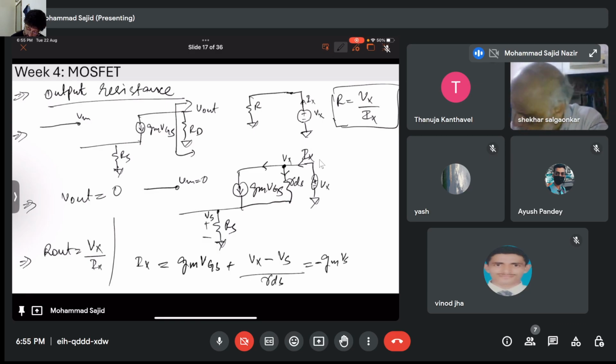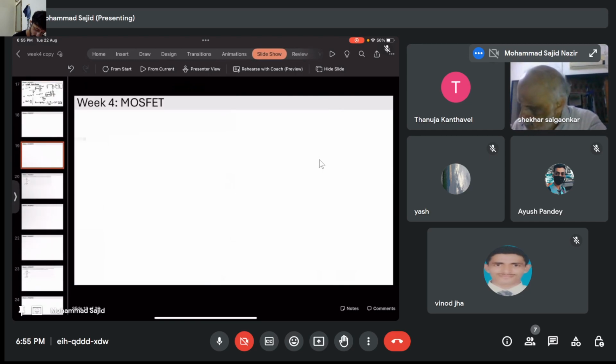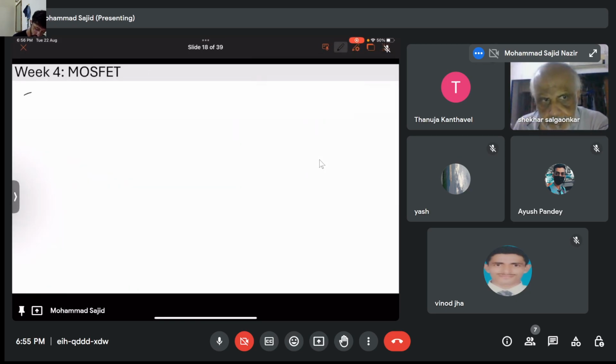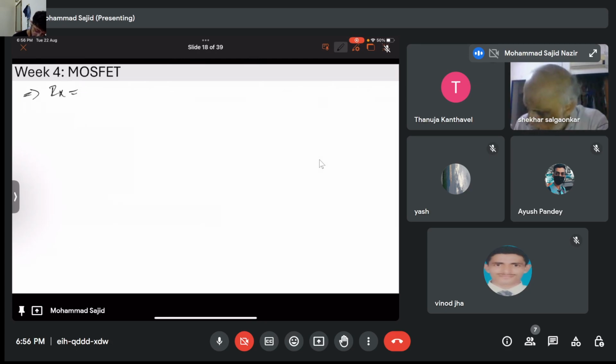So this will be minus Gm Vs plus Vx by Rds minus Vs by Rds. So my Ix is now equivalent to minus Gm Vs plus Vx by Rds minus Vs by Rds.